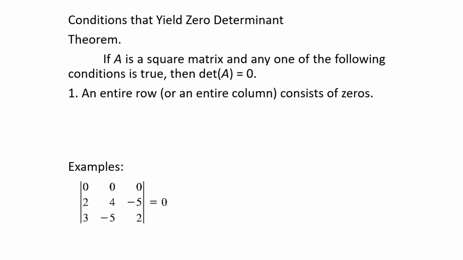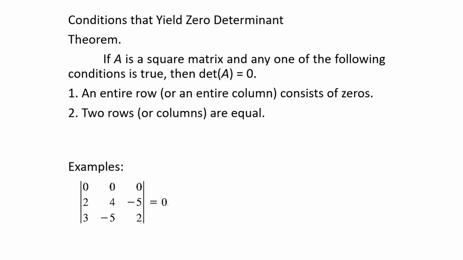For example, this matrix has zeros entirely on the first row, so its determinant is 0. This is because if we apply the cofactor expansion and choose row 1, then we will just get 0 since each cofactor in the expansion will be multiplied by 0.